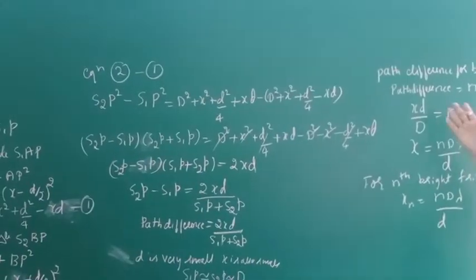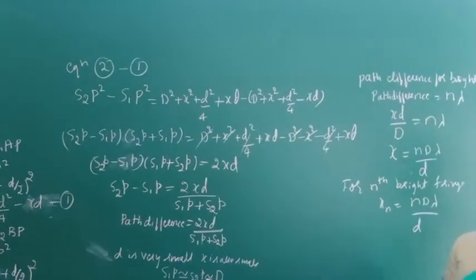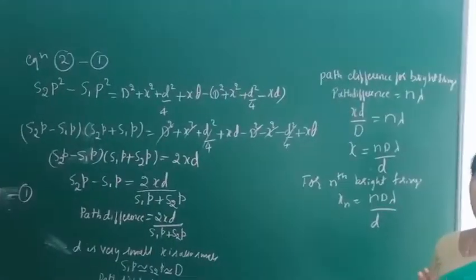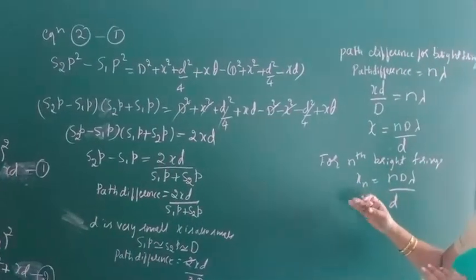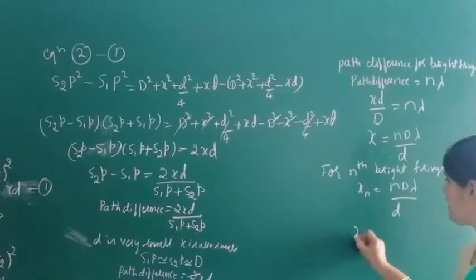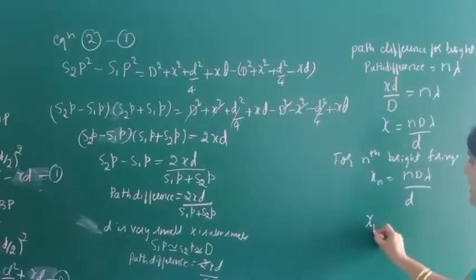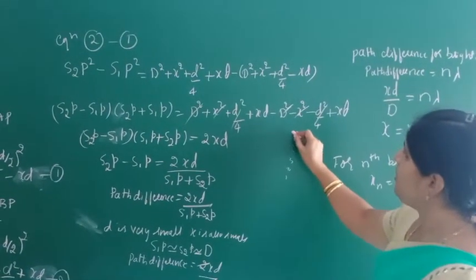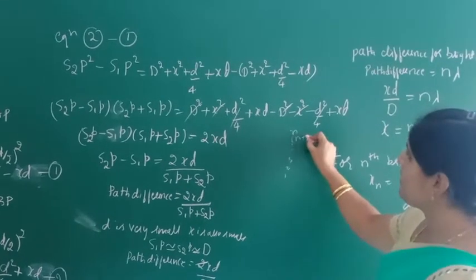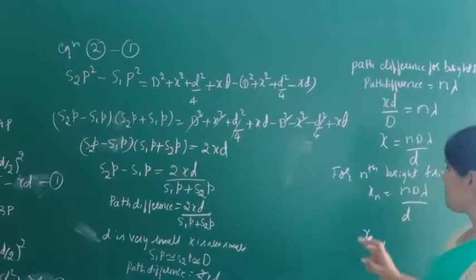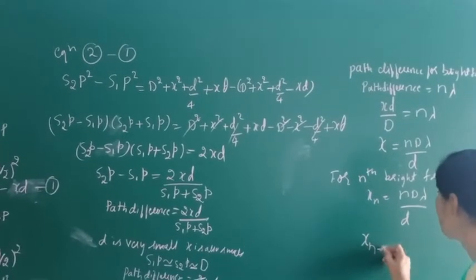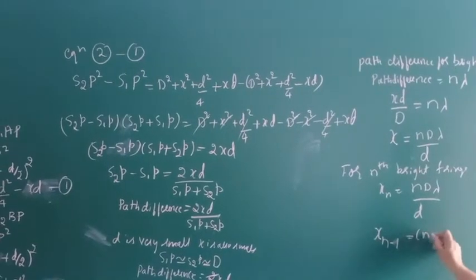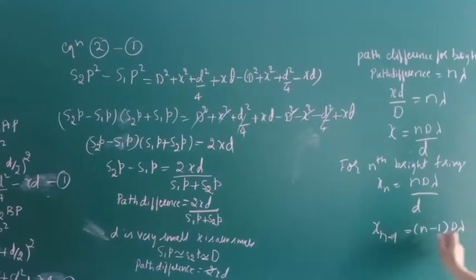We consider bright fringes here. The consecutive bright fringe before xn is xn minus 1. If this is the nth, the previous one is n minus 1. So xn minus 1 equals n minus 1 into D lambda by d.